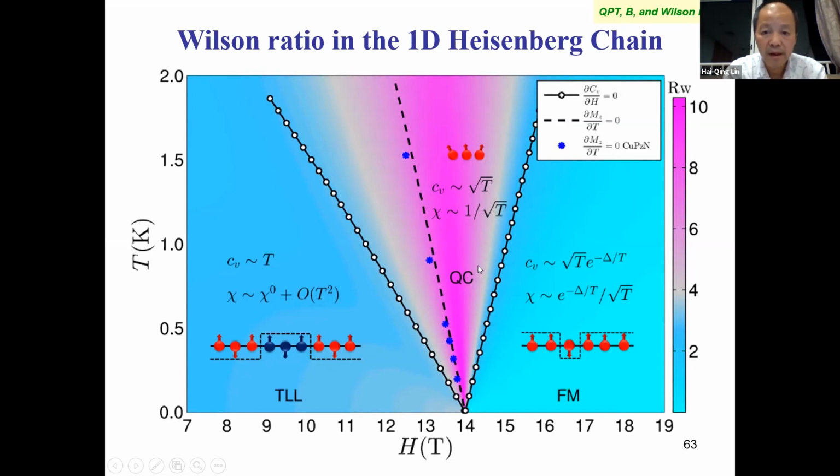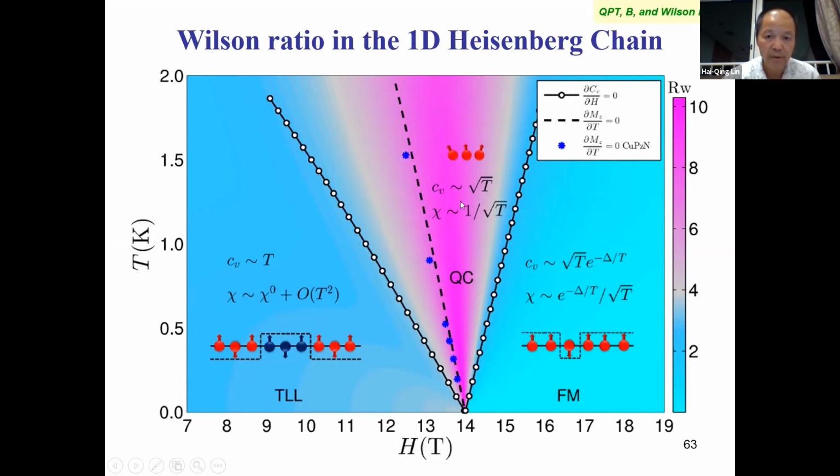So suppose we don't know the order parameter at all. We just do experiments, measure heat capacity, measure magnetic susceptibility, then we calculate the Wilson ratio and plot as I'm showing here. Then anyone can see there are 3 different regions, and also can see the boundary where the quantum phase transition occurs.